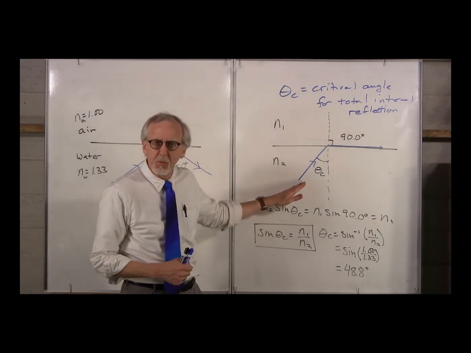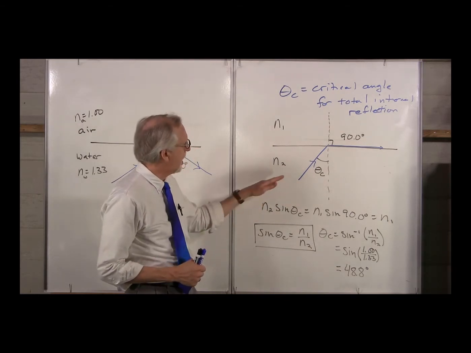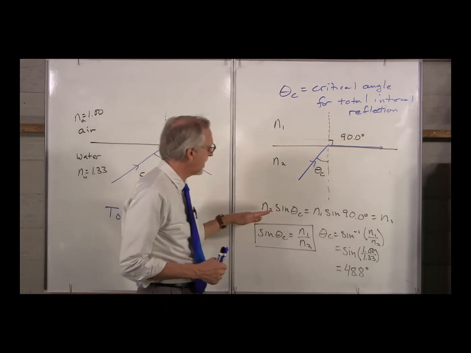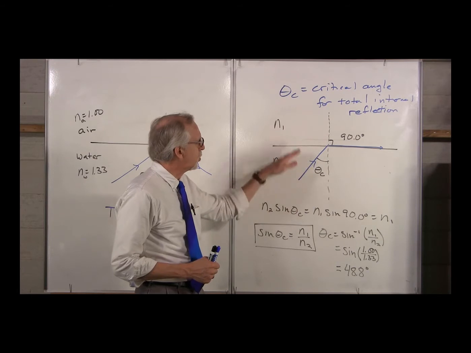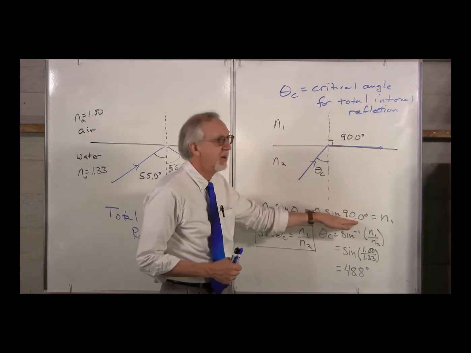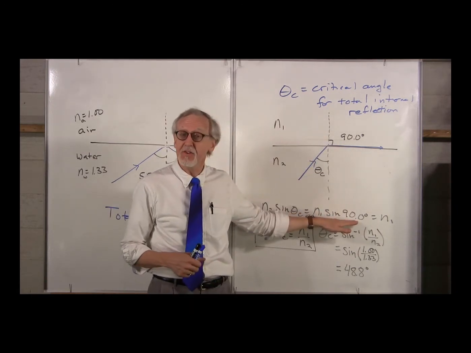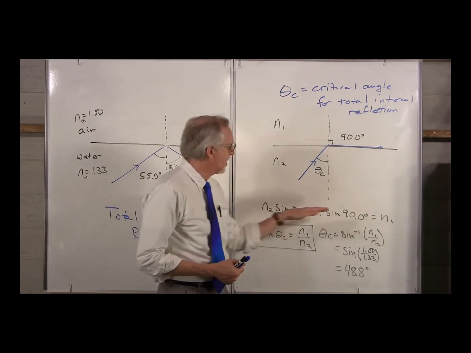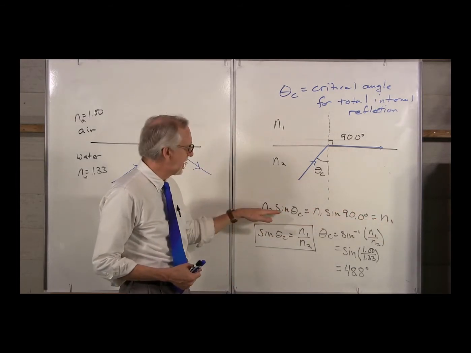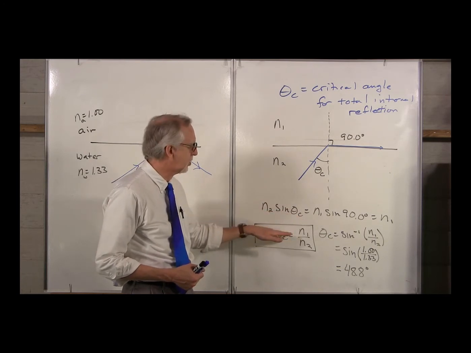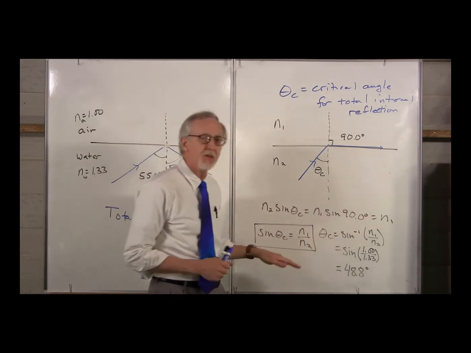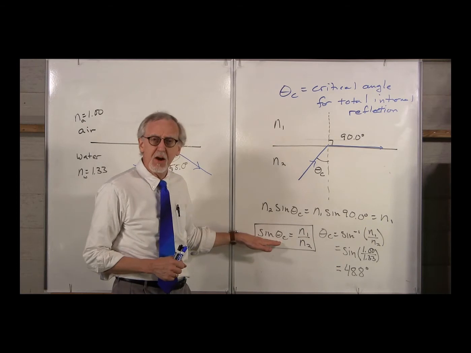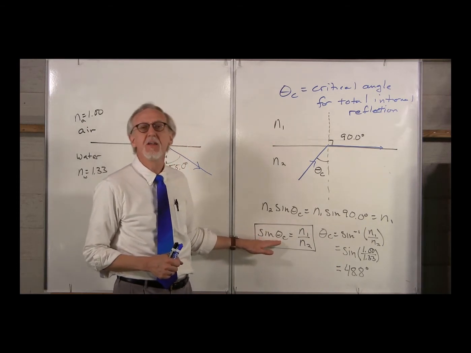So let's see, what do we get? How do we solve for this? Well, we know that n2 sine theta c will equal n1 sine 90 degrees. Sine of 90 is 1, so n1 times 1 is just n1. Dividing both sides by n2, we have sine theta critical is equal to n1 over n2. There we go. That's how we can find theta critical.